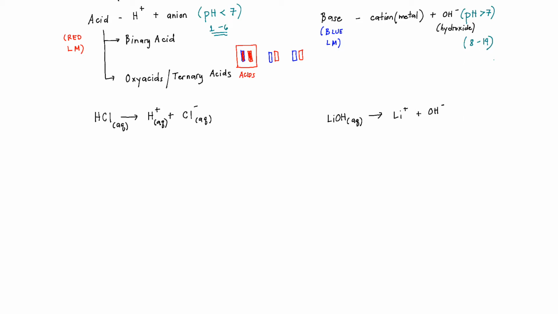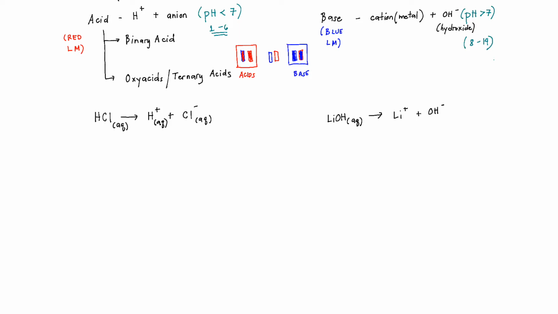Now for the base, if you put these litmus papers in a basic solution, the blue will remain blue and the red will become blue.